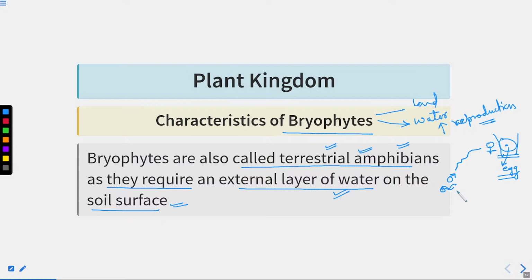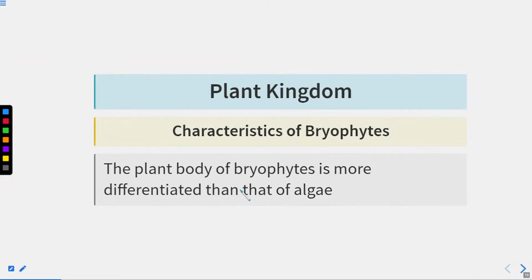The male gamete swims in water and reaches this egg. So for swimming, it requires water, right? So bryophytes are called terrestrial amphibians because there is a requirement of an external layer of water.